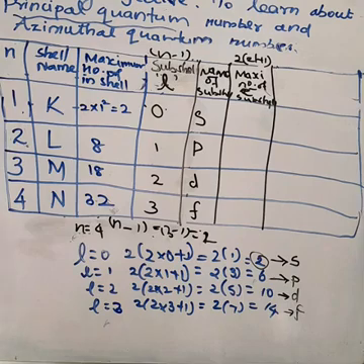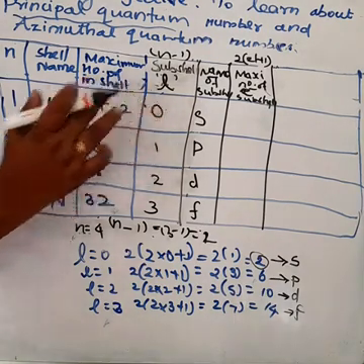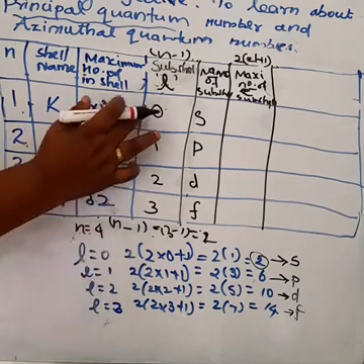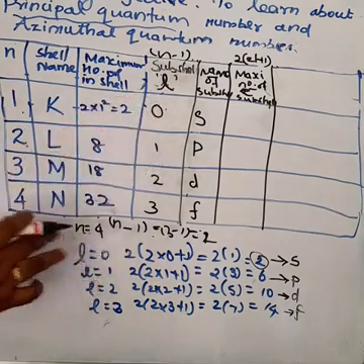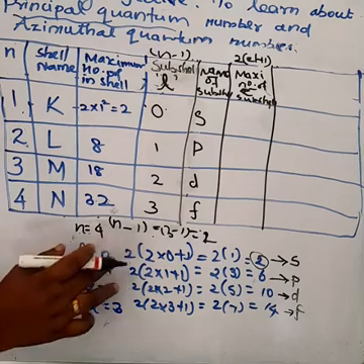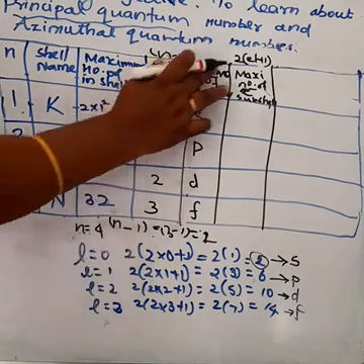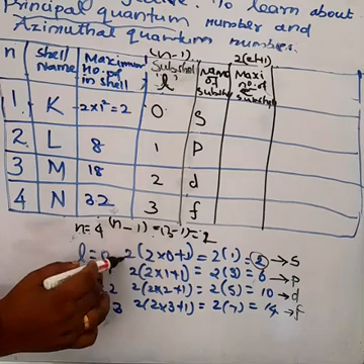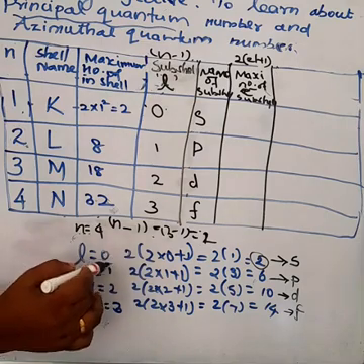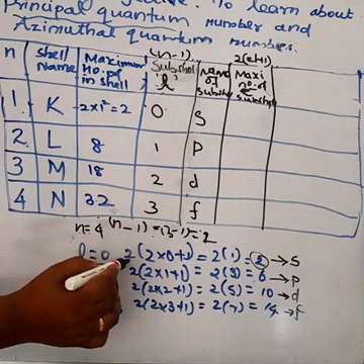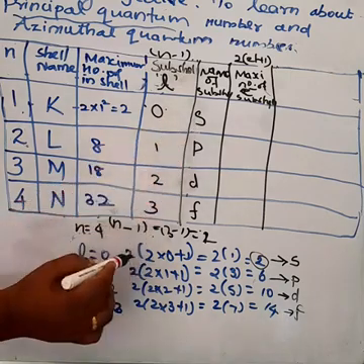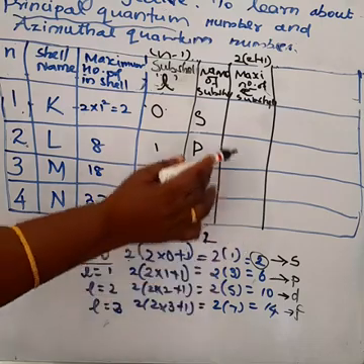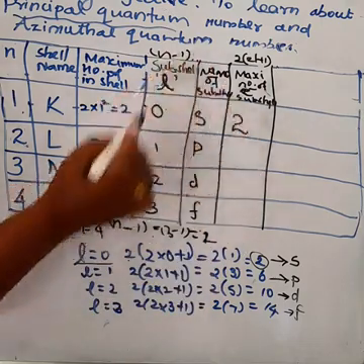First, when L is equal to 0, using the formula 2 into 2L plus 1, how many electrons can we accommodate in the subshell? 2 electrons. When L is equal to 1, what is the name of the subshell? P subshell.